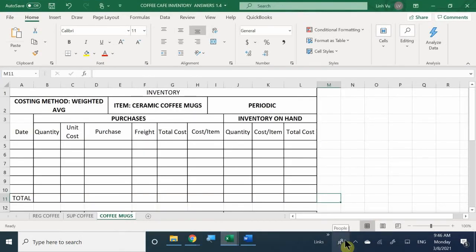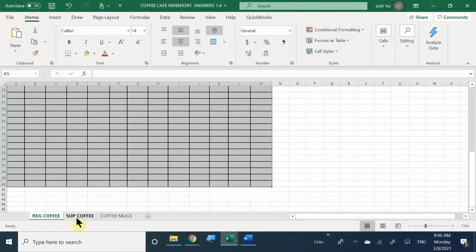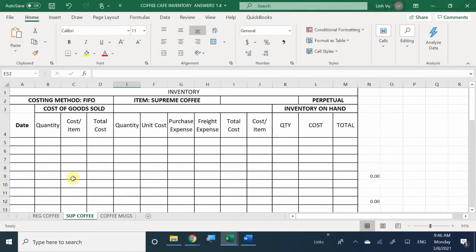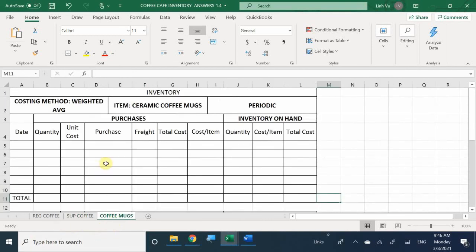Here I made it easier for you to recognize. The first ones are regular coffee and supreme coffee. They are both perpetual. And then we have our coffee mugs, which is periodic. I already filled the information out for you. It's weighted average, it's coffee mugs, and it's periodic.